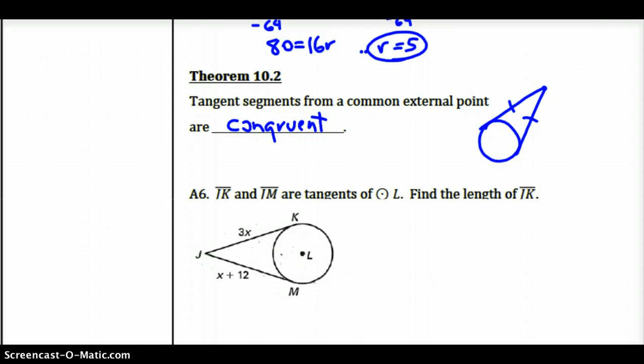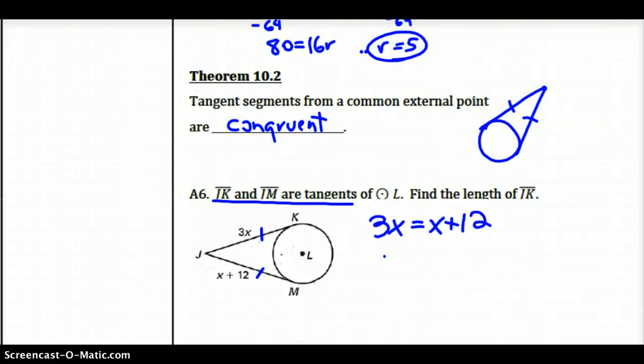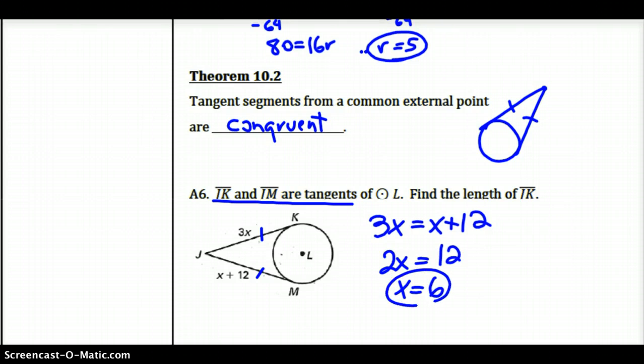Now with that in place, if we're told that we have tangents, that means this is congruent to that. So 3x equals x plus 12. Subtract that x over to the left. Divide by 2. And we get x equals 6. That concludes our original notes for section 10.1.